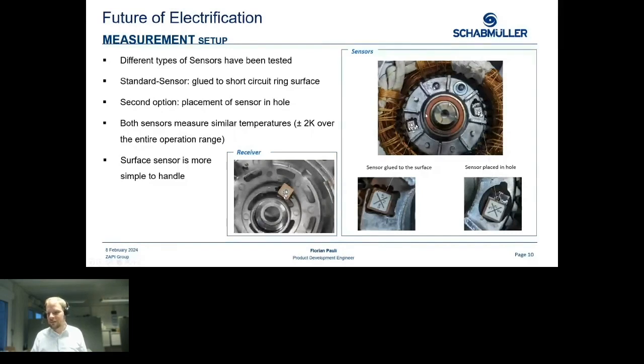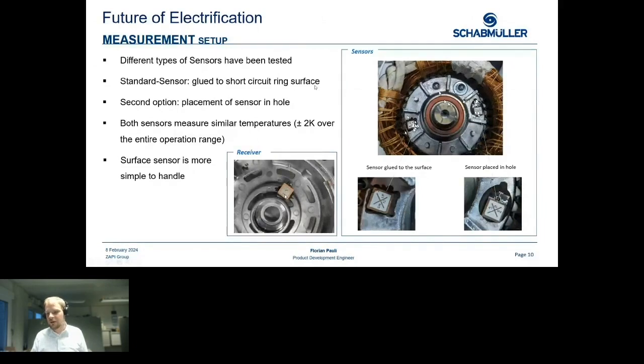And there are several possibilities to place these sensors on the rotor. Here you can see one sensor which is glued to the surface, and one where we have produced a little hole, so we can measure the temperature inside the short circuit ring of the rotor.